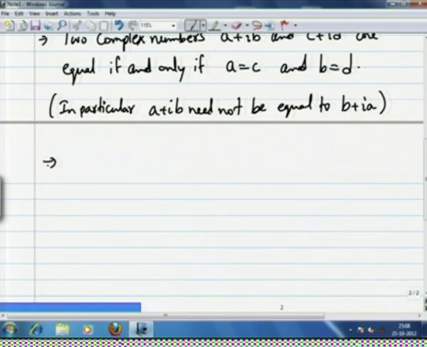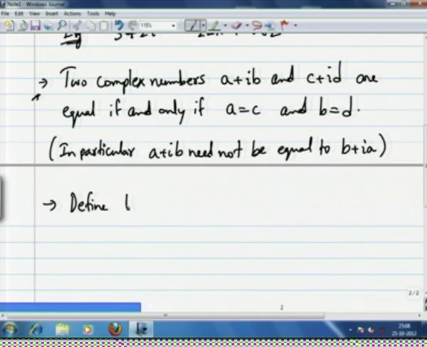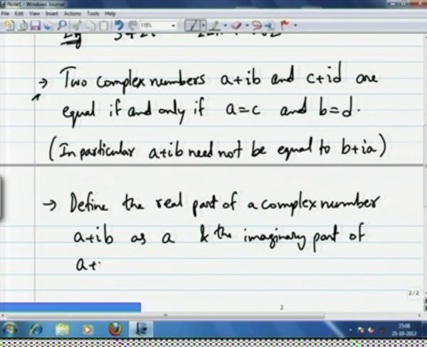Okay. So, now, owing to this earlier fact, we will define the real part of a complex number a plus I b as a, and the imaginary part of a plus I b as b.